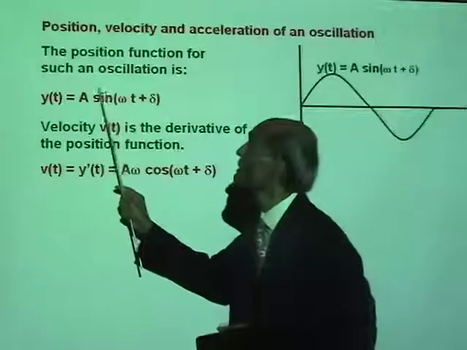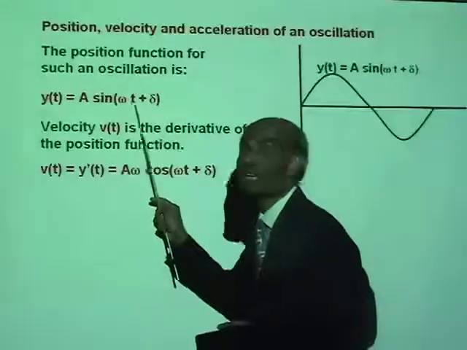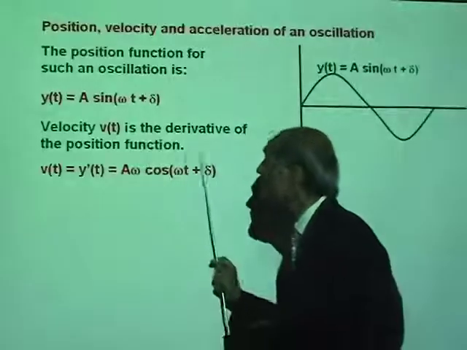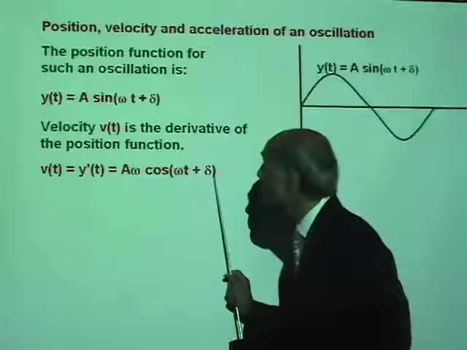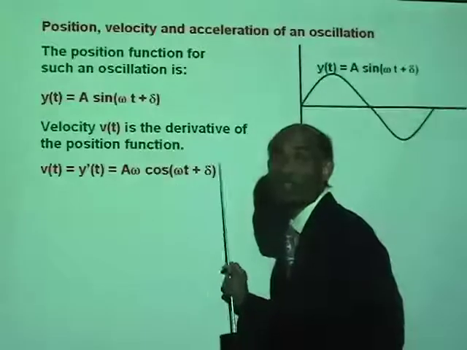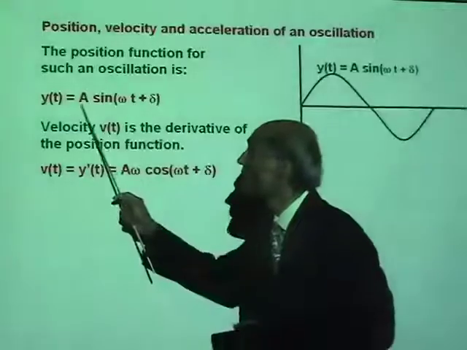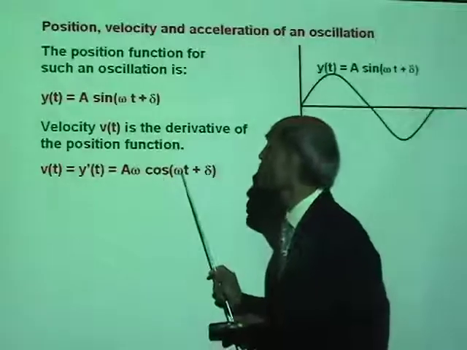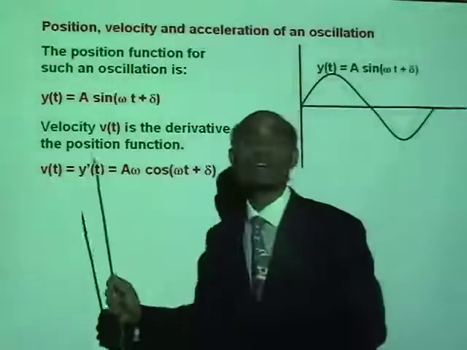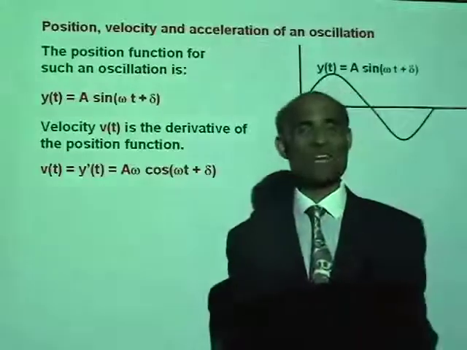One more time, the derivative of a sine quantity is a cosine of the same quantity multiplied by the derivative of that quantity. The derivative of omega t plus delta is omega. So a omega cos omega t plus delta gives you the equation for the velocity of oscillation.